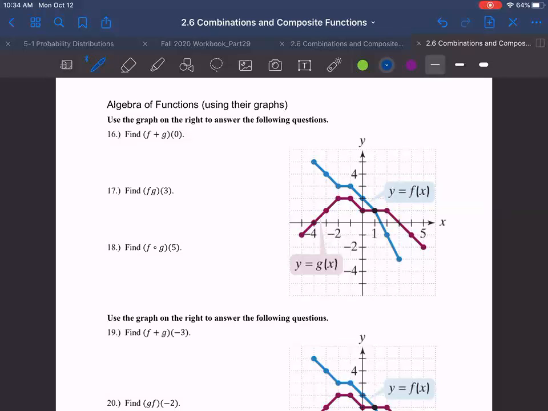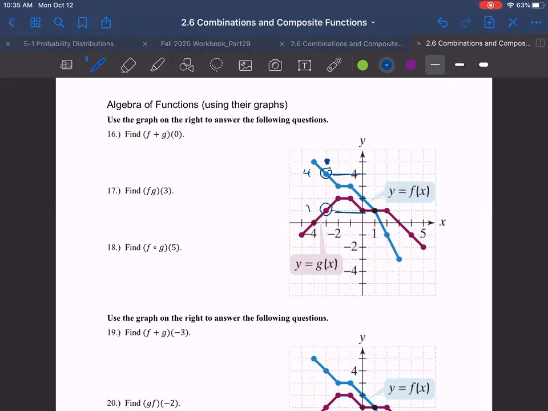So f plus g would literally be going through to every point and adding the two graphs together. So like, say I was looking at this point right here, I would say this has a value of 1, this has a value of 4, and so my f plus g value would be 5. It would put me up there, okay?